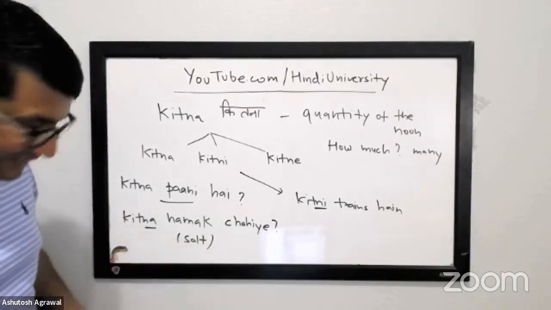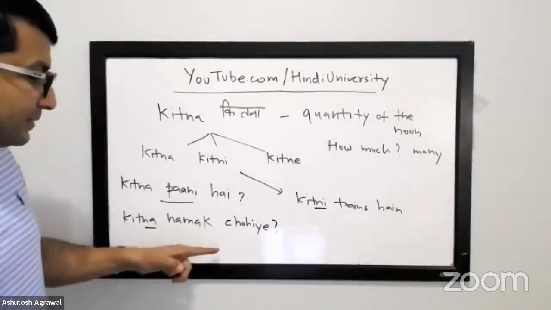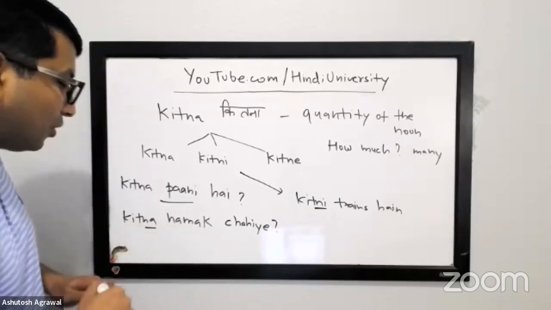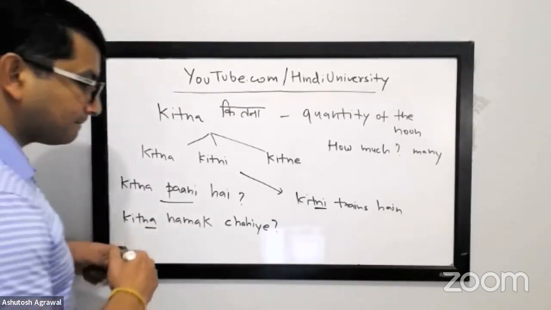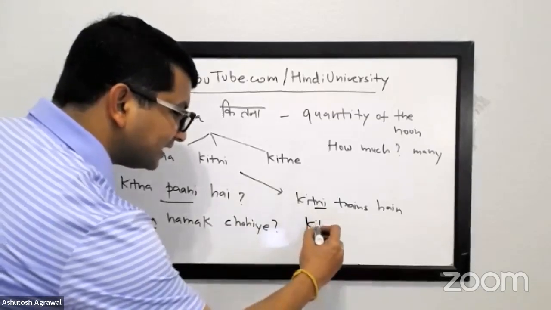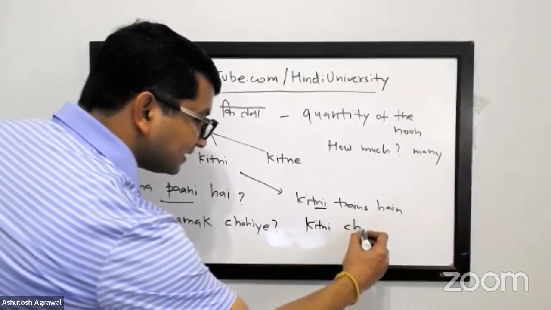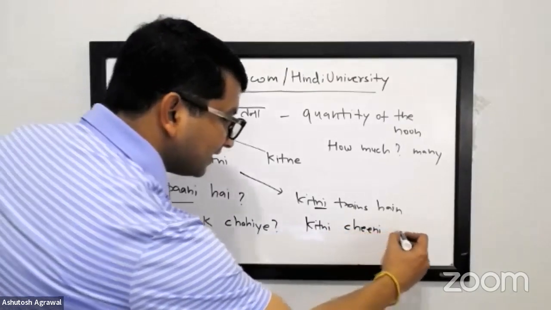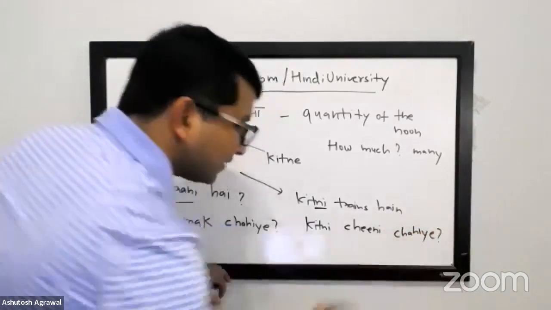For example, same thing: if namak is salt, sugar is chini. Then that would be kitni chini chahiye. Very good.